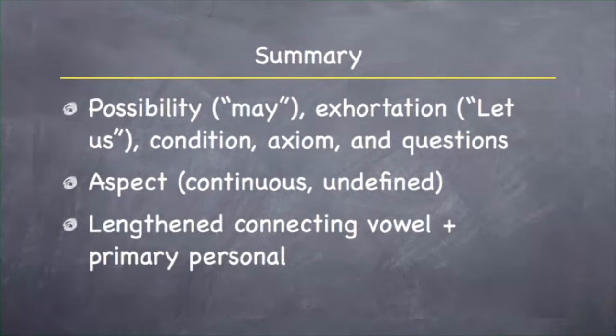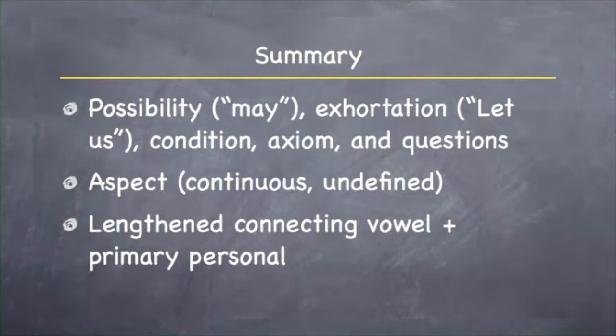Okay, so there you go. That's it for the subjunctive. So let's review and summarize what we've learned so far. We learned that the subjunctive is the mood of possibility and probability. We'll use may or might in many of the translations, but it can also be used to express an exhortation, the let us idea.